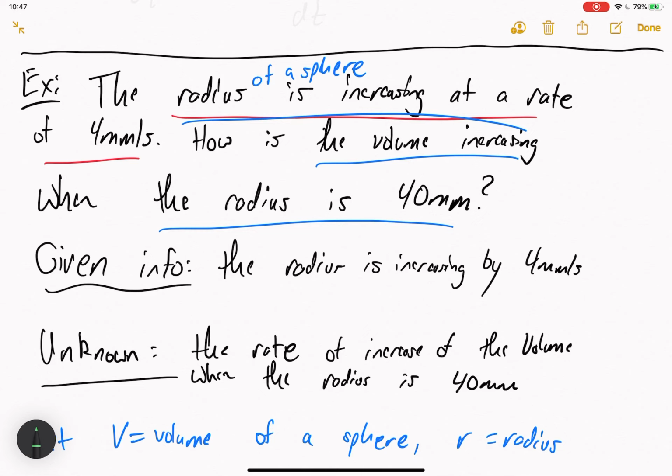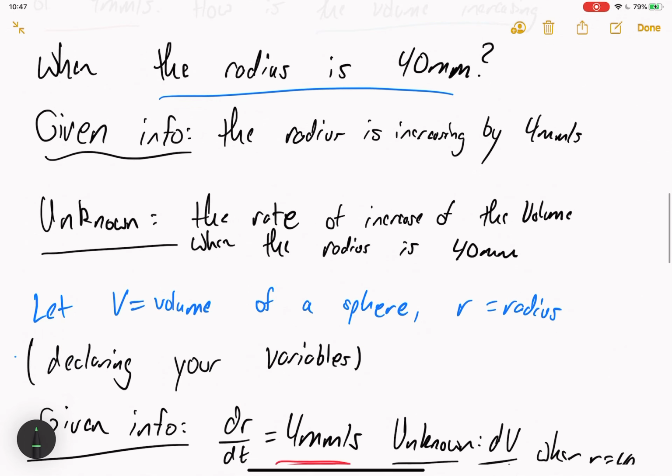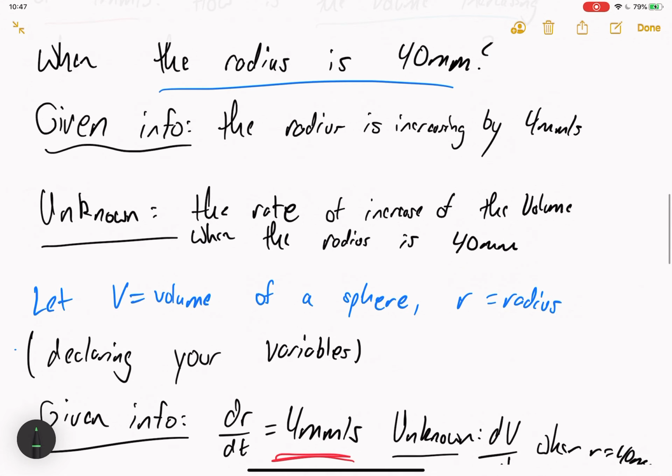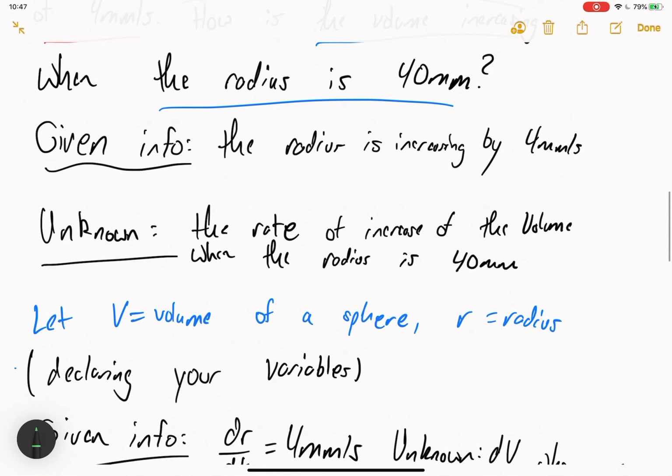And this is the reason we have to specify what value we talk about, because when we talk about derivatives we have to talk about a point. So the point that we're using is the radius is equal to 40.